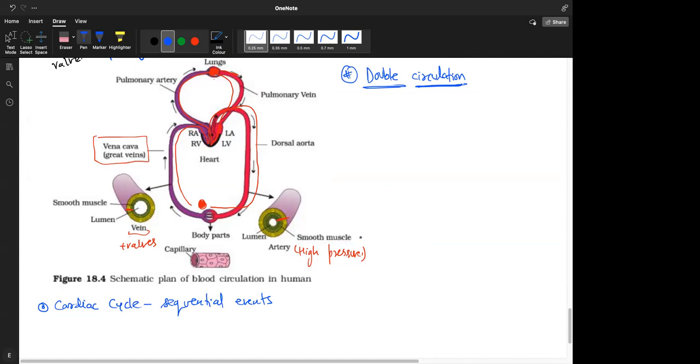make the atria and the ventricles of the heart contract and relax.